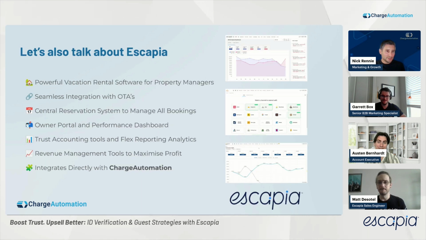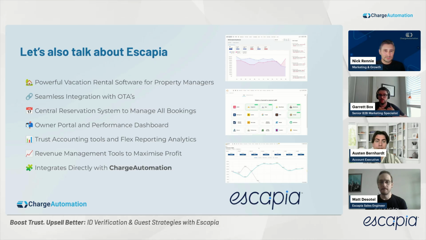Garrett, I'm going to hand it over to you to talk about Escapia a little bit here. Yeah, another very short nutshell to talk about Escapia. We are one of the premier vacation rental property management softwares, and we offer a whole suite of features and tools that help large-scale property managers manage their portfolio. That ranges from the tools you need to make your business succeed, things like trust accounting tools, rates management and booking calendars, as well as some really important and fun additions that help you optimize a lot of your workflows and take advantage of some of the things that even Charge Automation offers through our integration.